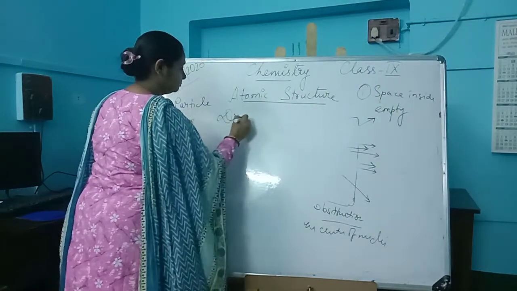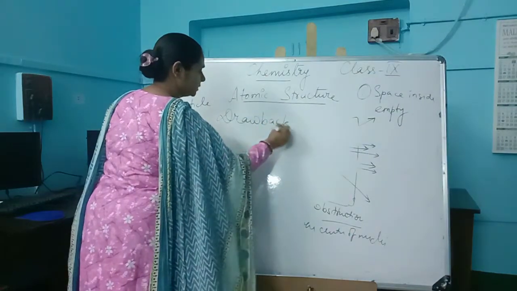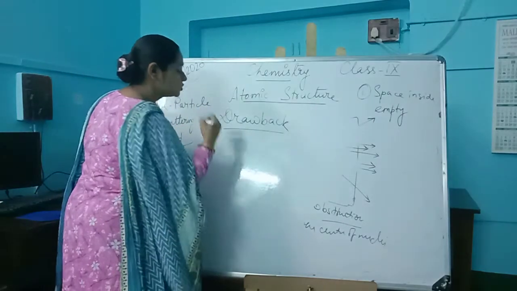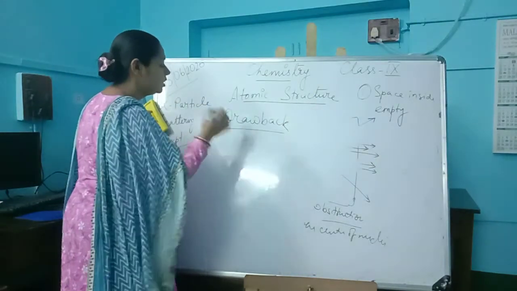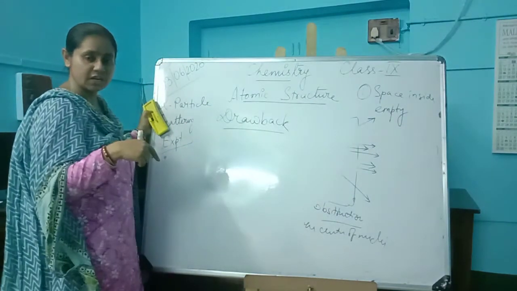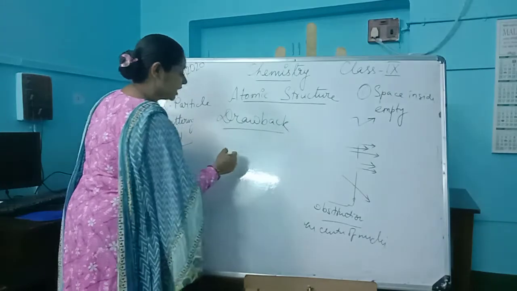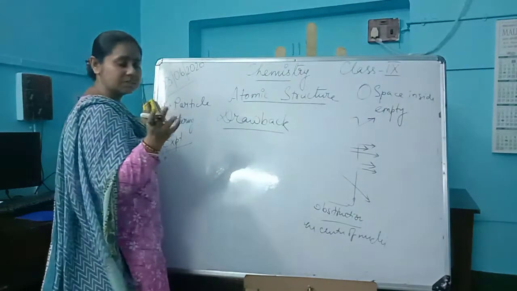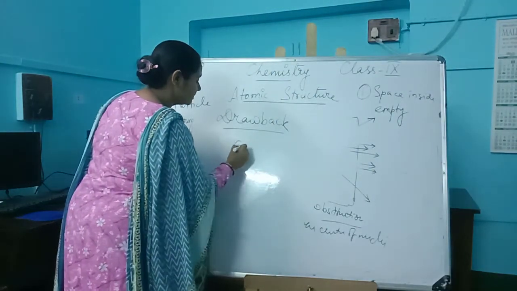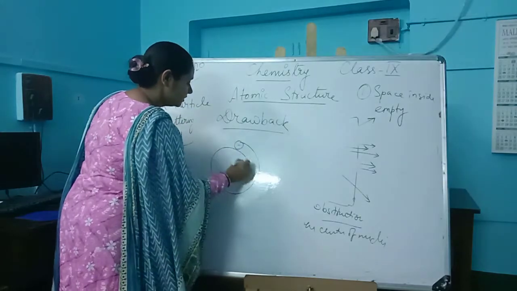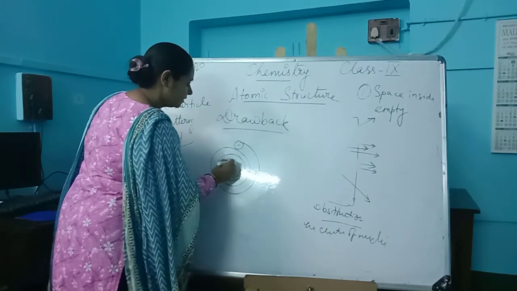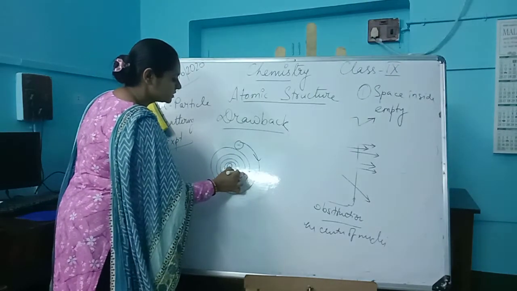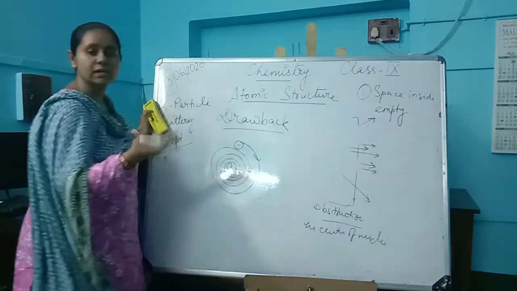Normally, in case of any charged particle rotating very fast in space, according to Maxwell's theory and dynamics theory, a particle rotating continuously will gradually lose its energy and come to an end.